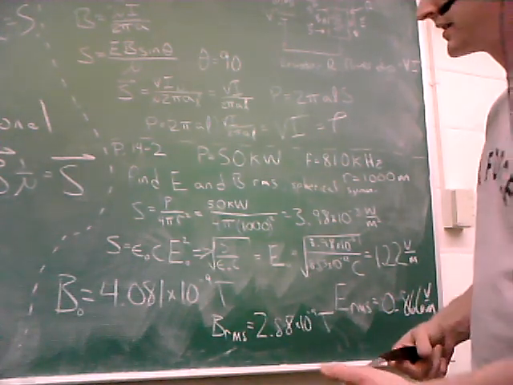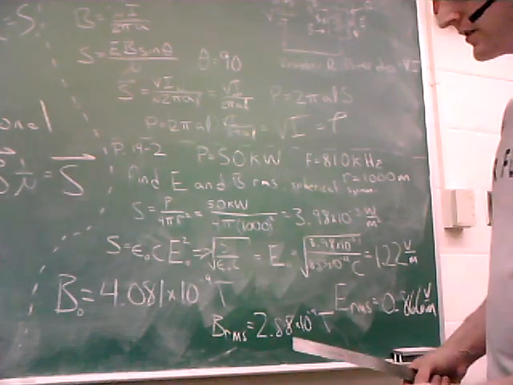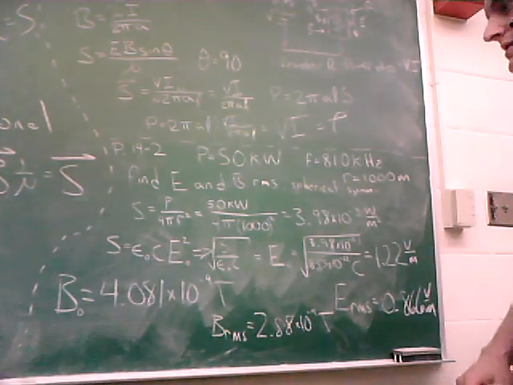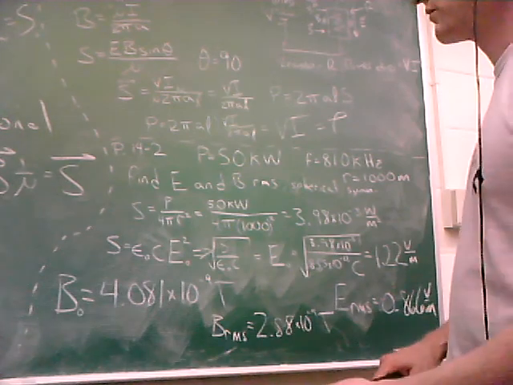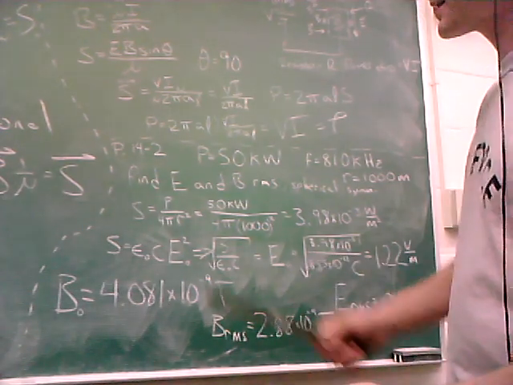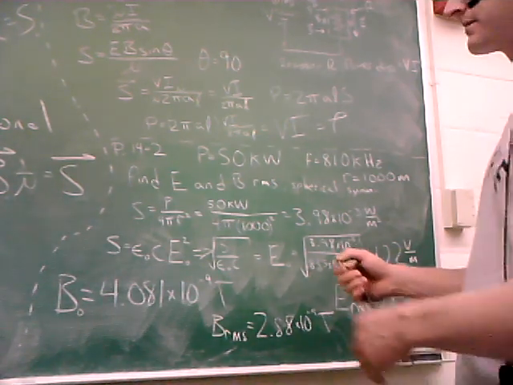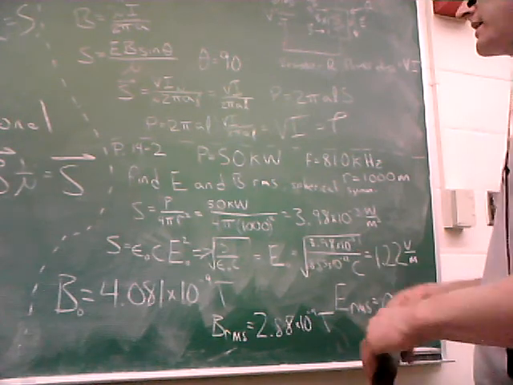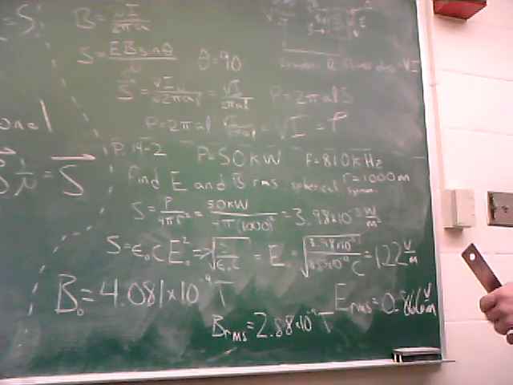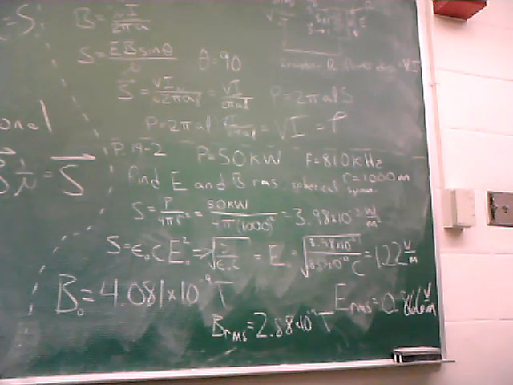So now we want E field from this. We can get E field from just having S. So we say S divided by permittivity of free space divided by speed of light will give us E squared. And after taking the square root of all that, you get 1.22 volts per meter.